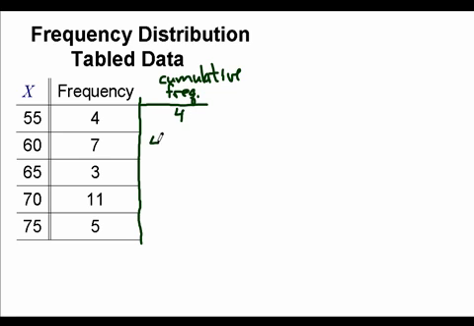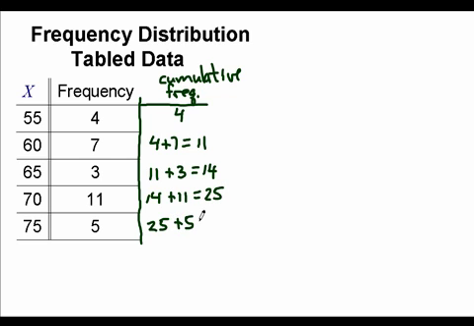The next one is going to be 4 plus 7, which is 11. The next one's going to be that 11 plus the 3, giving us a total of 14. And then it'll be 14 plus 11, which is 25. And then finally we're going to take the 25 and add the last 5. So this is just called a cumulative frequency, adding them up as we go and writing their answers down.